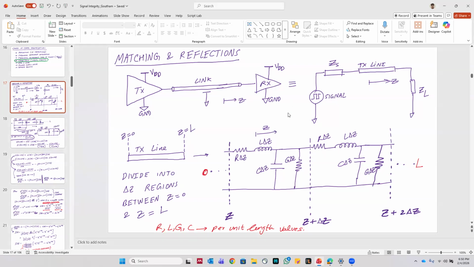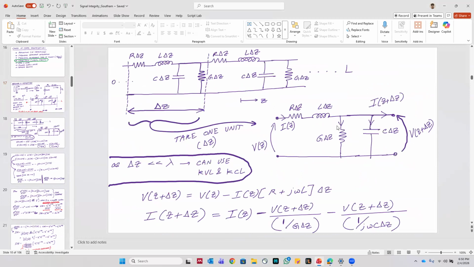Once you do this, you have this piecewise lumped model. Then you can take any single element at a location Z. We are assuming that the transmission line is of length 0 to L along the Z direction, so everything is along the Z axis.